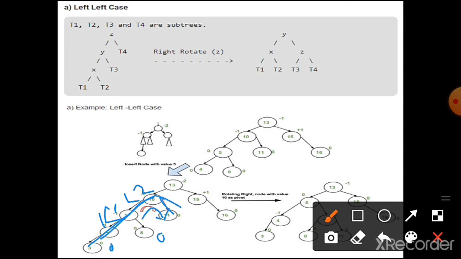So 10 will be moved to the right. Then 5 will now be the root.